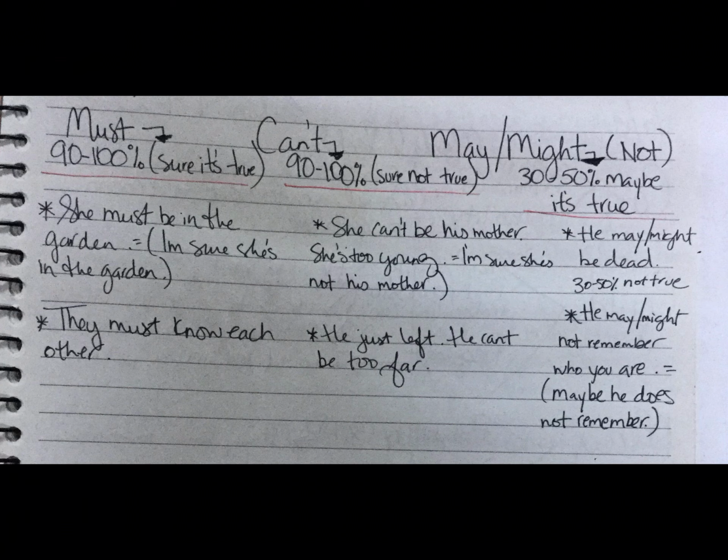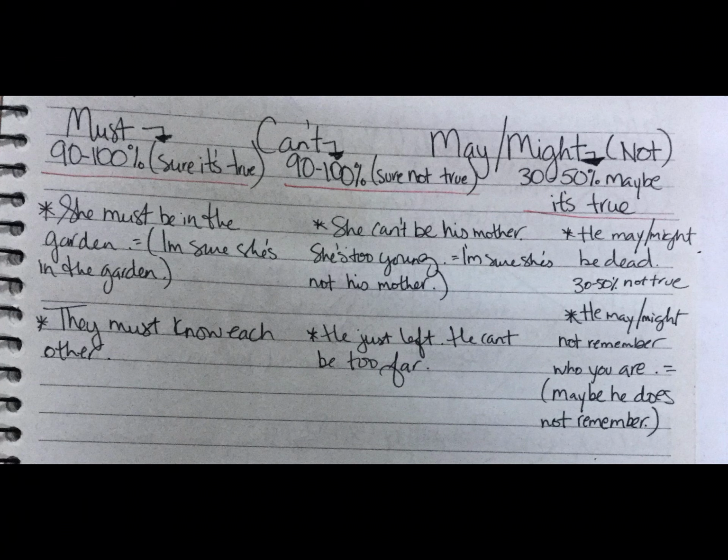You are sure because she looks very young and can't be the boy's mother. Another example, he just left. He can't be too far. We are sure he hasn't gone far because he just left.